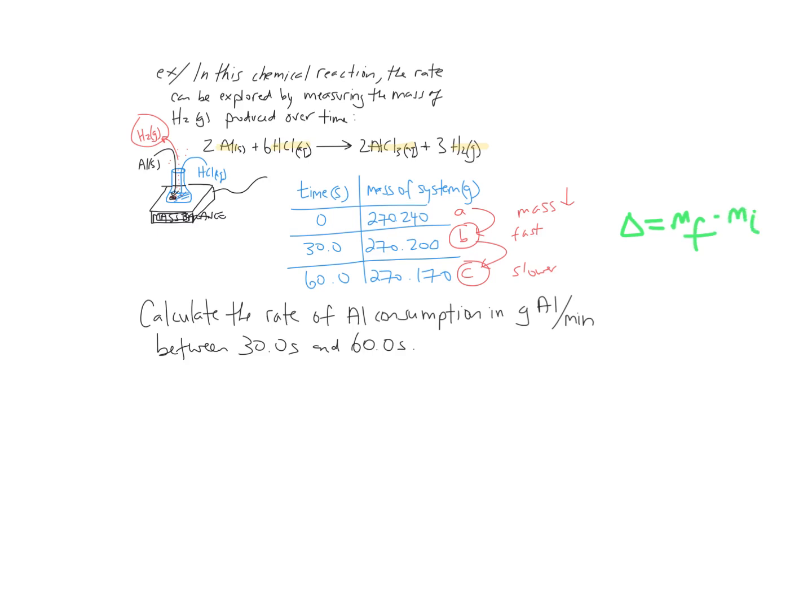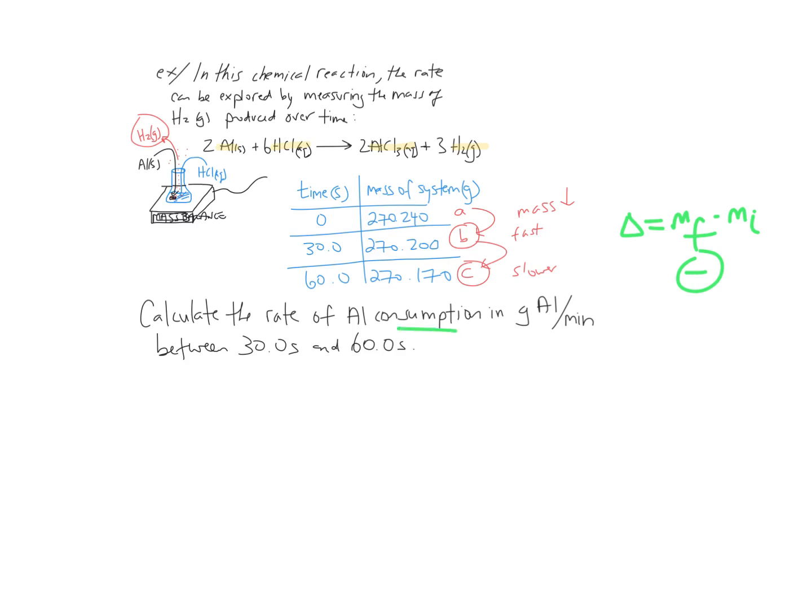If we do that, it's going to give us a negative number between points B and C. It's much easier with rates to always work in the positive. Although it seems strange to force something negative into something positive, in chemistry we'll know based on the context whether it's consumption or production. In this case, it's clearly consumption.